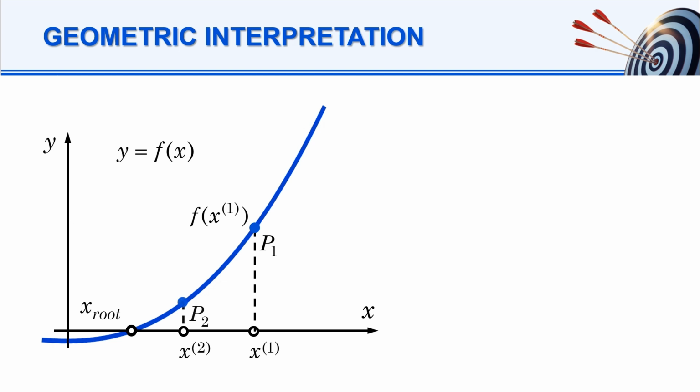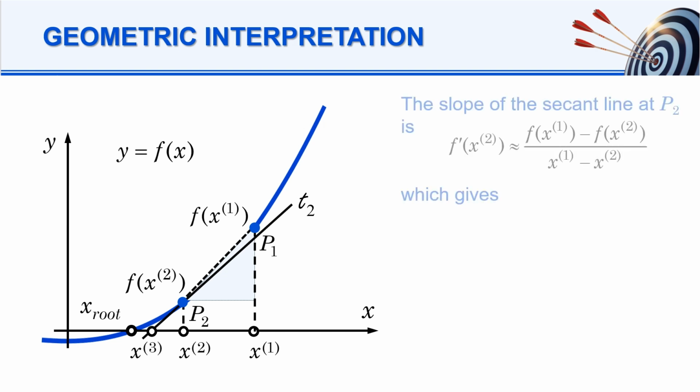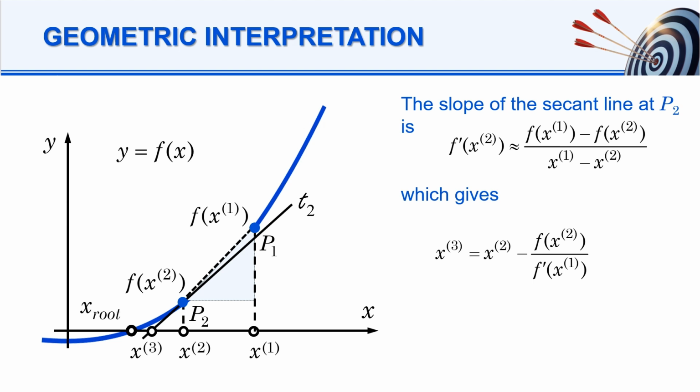Using P1 and P2, we are able to calculate the slope of the secant line. By replacing the slope of the tangent line T2 to the curve with that of the slope of the secant line, we find the following approximation. Using this approximation in the following Newton-Raphson iteration equation, we obtain.